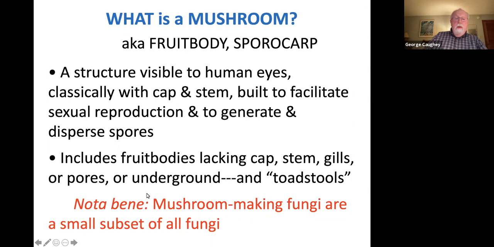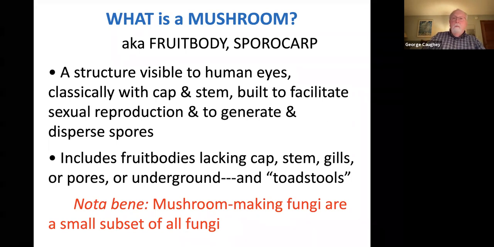A big point to note here is that the fungi that make mushrooms are only a small subset of the millions of fungal species that are present on the planet, the vast majority of which haven't been characterized and don't even have names.